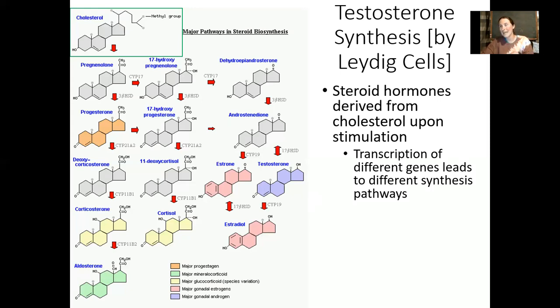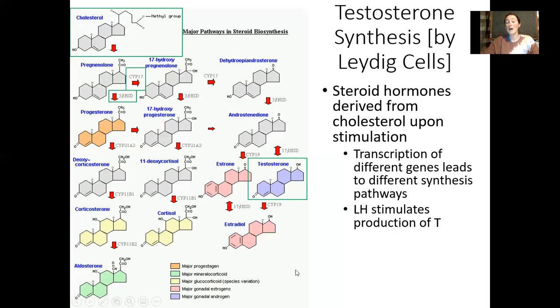Essentially, we can tell our cells in different parts of our body, more or less, what direction to go in by turning on different genes. Those genes code for enzymes. And so if we have, for example, a lot of this enzyme that we produce, then we're going to constantly be converting this molecule into this molecule.